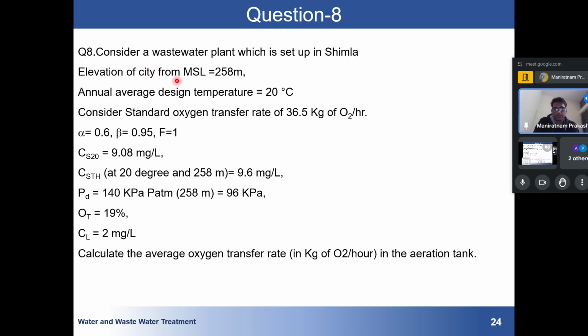Remember there will be many data in your question, and all those data won't be used. Just remember this: the elevation of the city from mean sea level is 258 meters. The annual average temperature, the design temperature, is 28 degrees Celsius. Consider the standard oxygen rate.